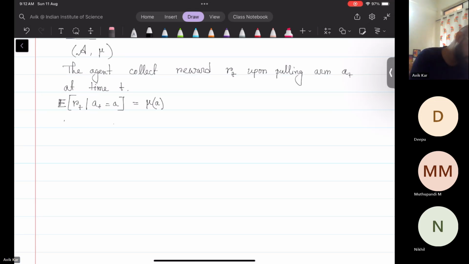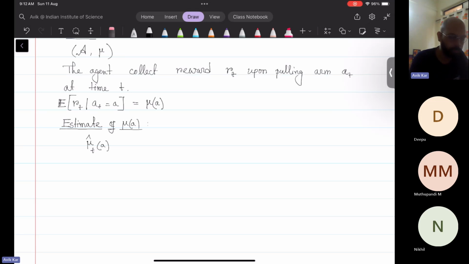So we have seen how to estimate mu A. We are denoting that by mu hat T A, where T is basically the certain time at which we take the estimate. So that is the sum of rewards from time 1 to t minus 1, because at t we have not pulled arm AT yet.